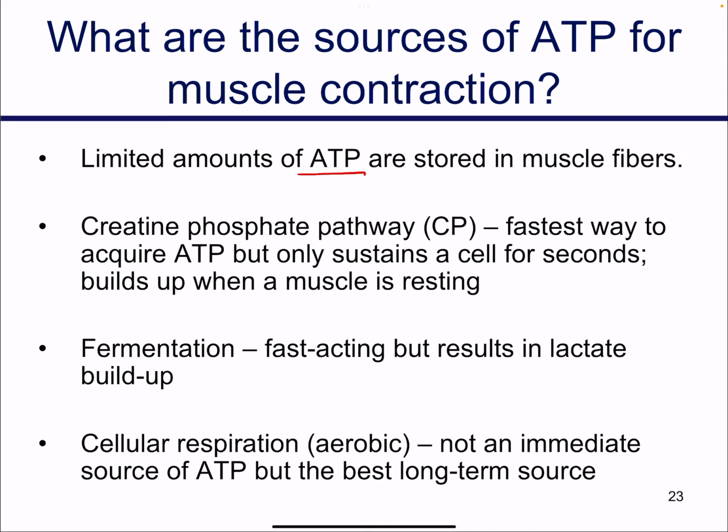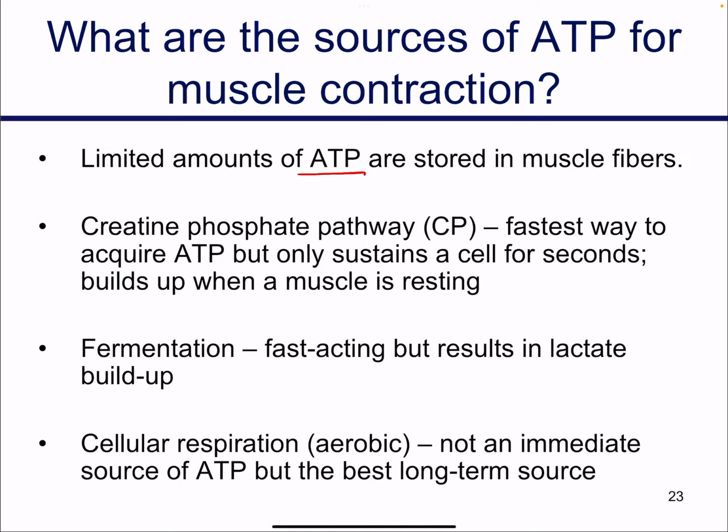You have two different approaches. One is to say, well, I'm just going to produce ATP all the time through cellular respiration, which actually is not reasonable because cellular respiration is a process.